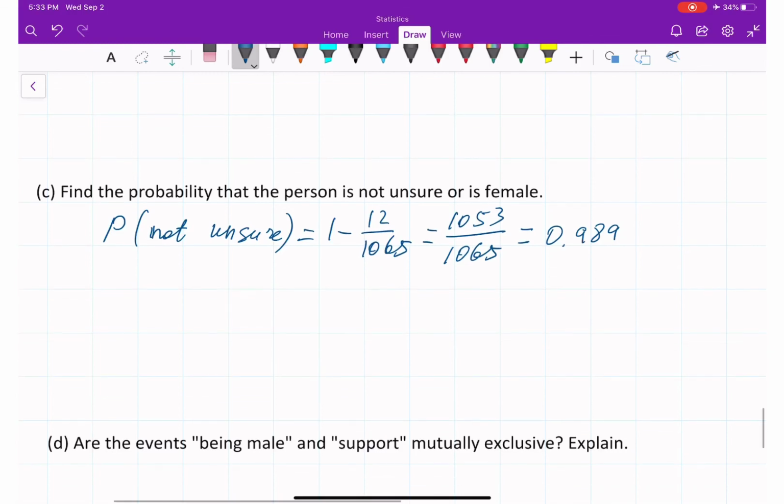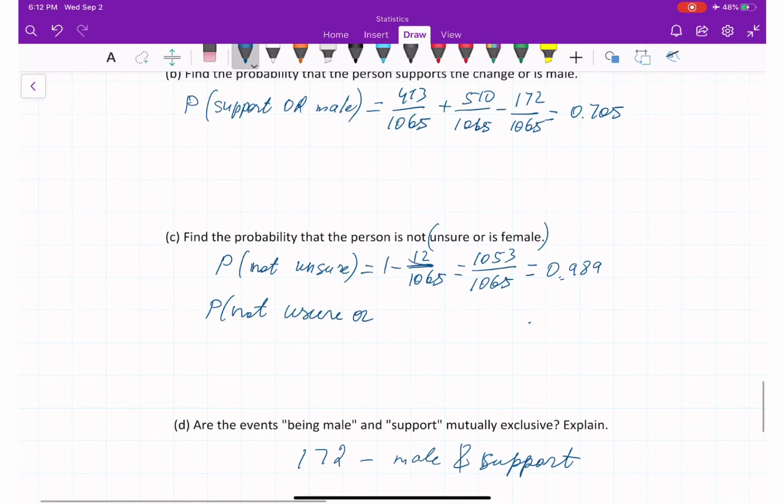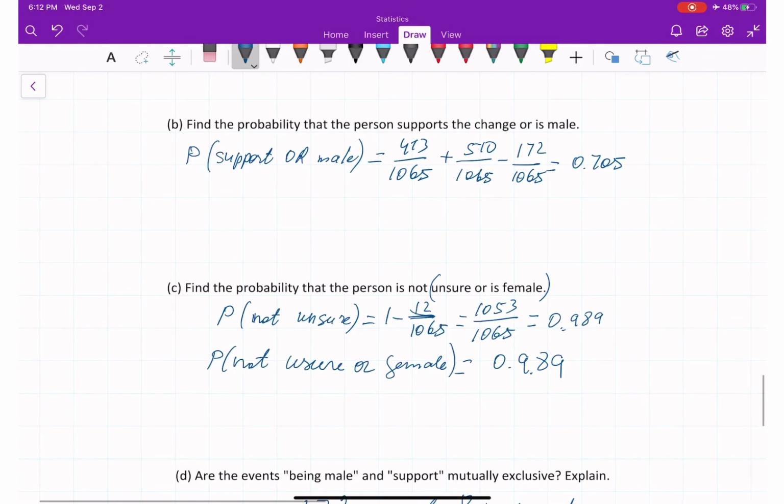Right? And from here, probability not unsure or female, it's gonna be equal 0.989. And indeed, let's go back and look. We subtracted 12 over 1065.